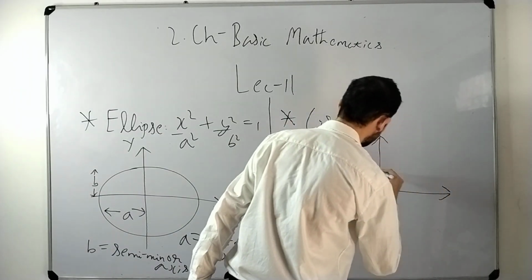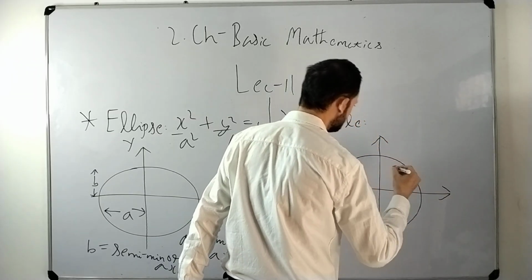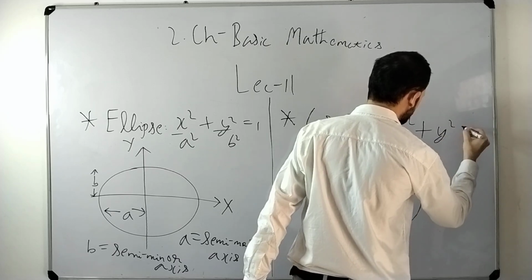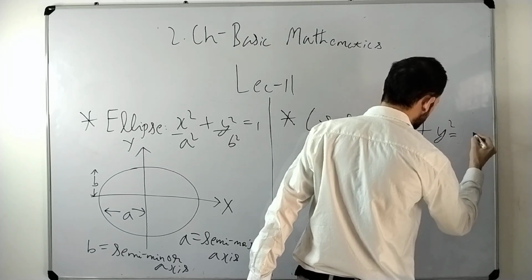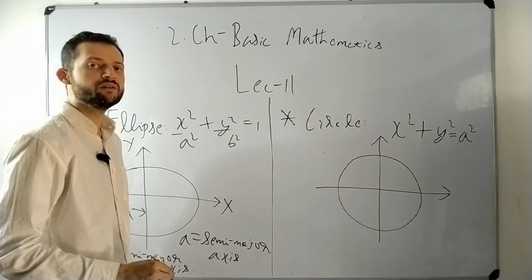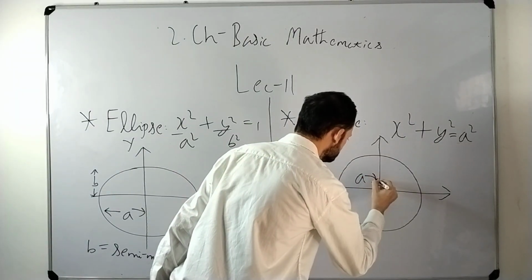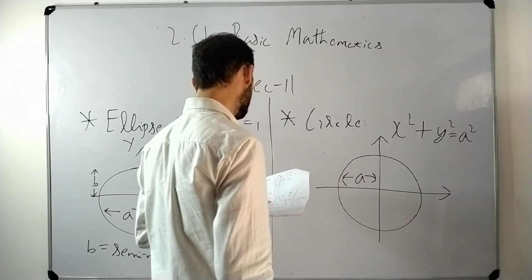Let's see the representation equation. X square plus y square is equal to what, students? A square. Here A is what, students? Yes, the radius. Very good.